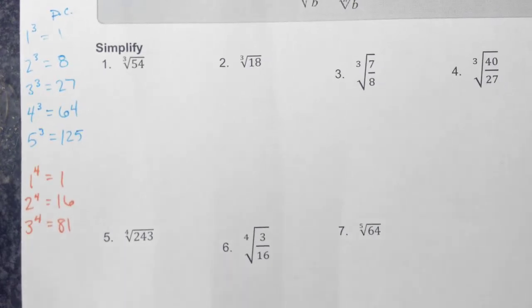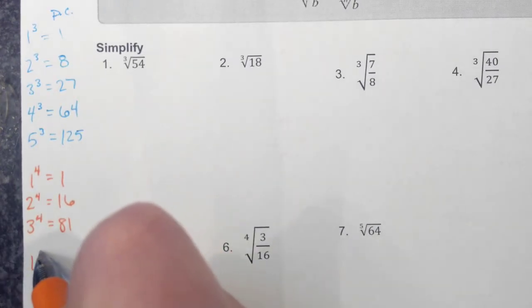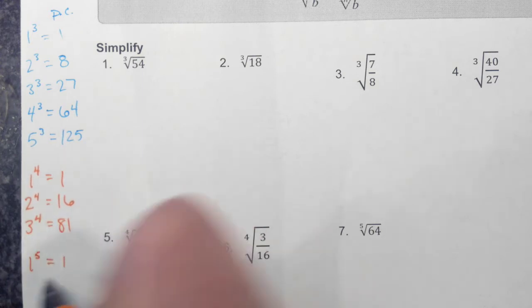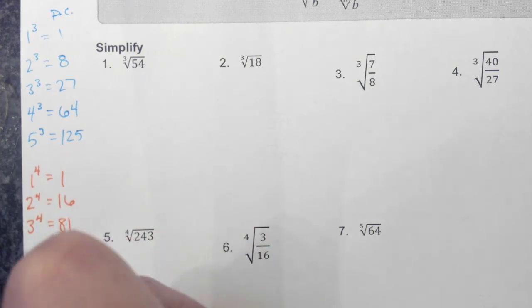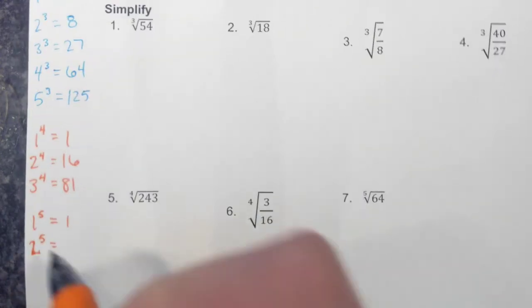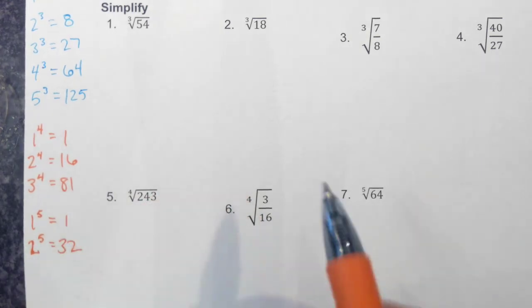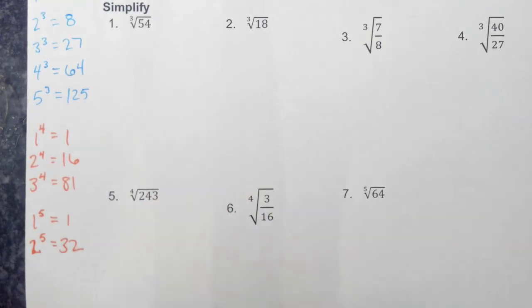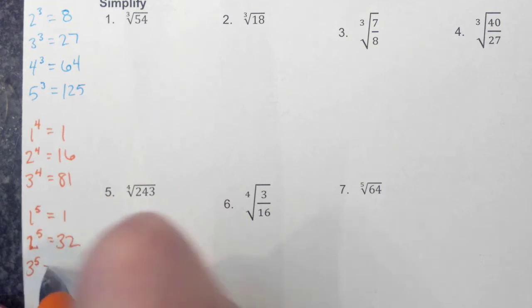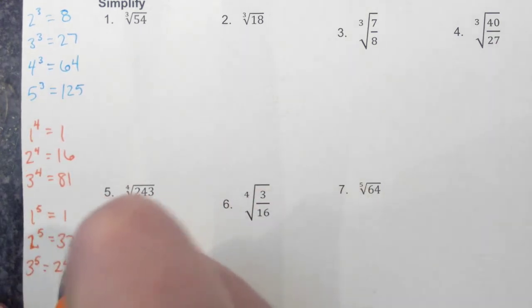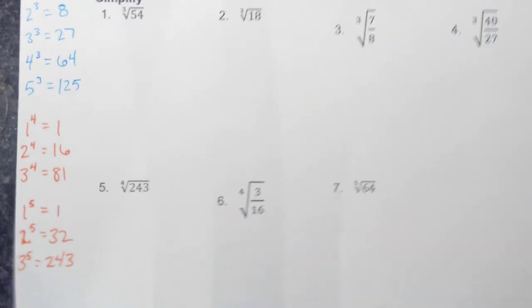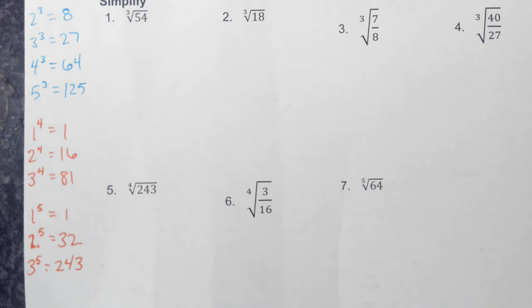And then for the fifths, maybe just 1 and 2. 1 to the 5th is 1. 2 to the 5th is 32. If you want to, 3 to the 5th is 243. Gets very big very fast.